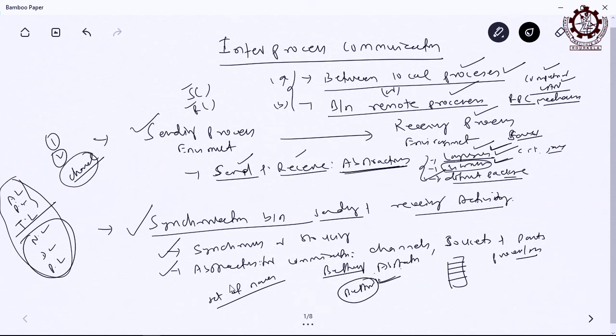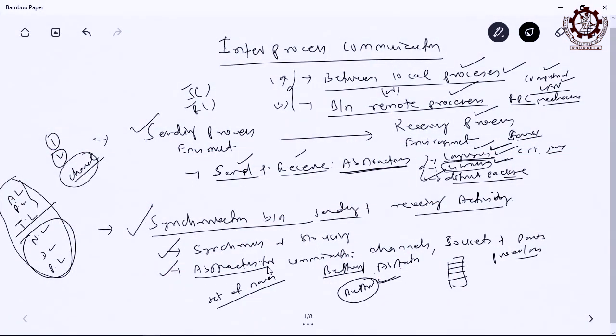What is synchronous? After sending a message, the sender will wait. Before sending the next message, the sender must wait for the acknowledgement for the first message. That is called synchronous. And asynchronous means without waiting it keeps on sending, which is not reliable, is it not?